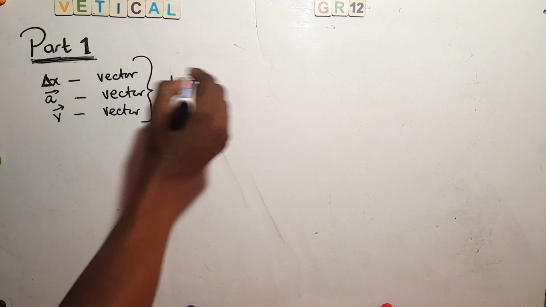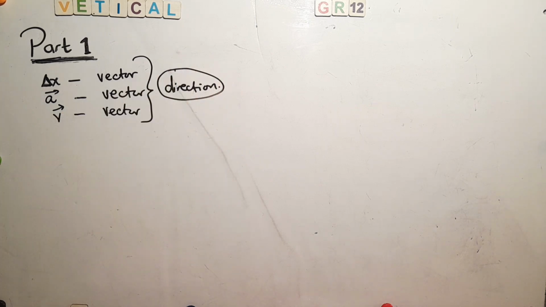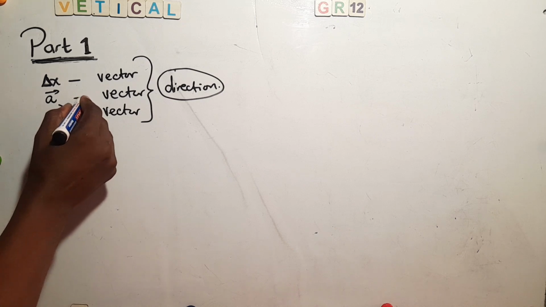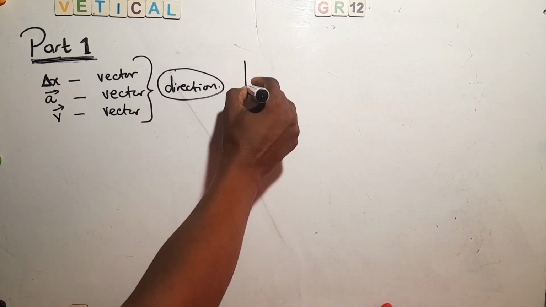So it means that you must take direction into big consideration so that you can get the right answers, right? Most of the time, since the vertical motion is either up or down, you have to choose the direction that will work for you, and you have to stick to that direction. Throughout this topic, I'll be taking downwards as positive.